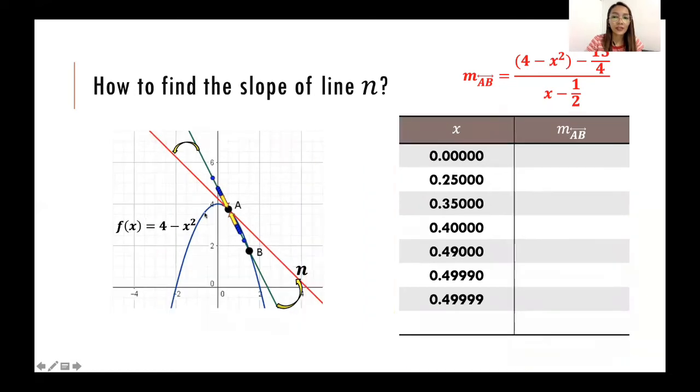Okay, so let's proceed. If x is equal to 0.000, then m sub line AB is equal to negative 0.5.